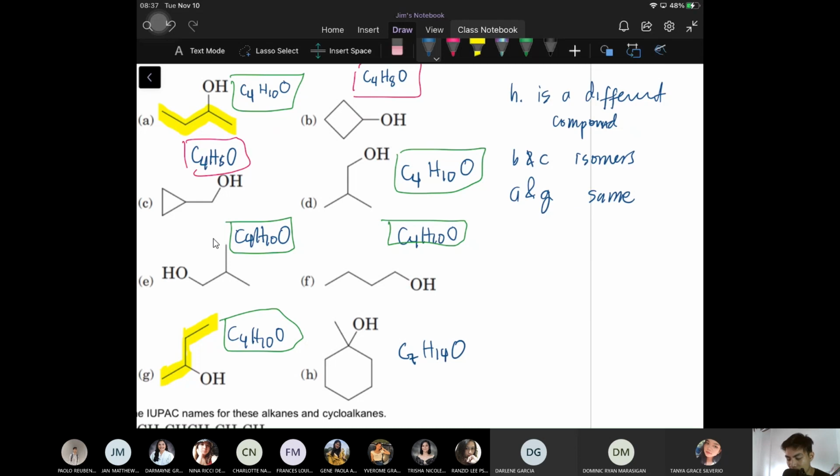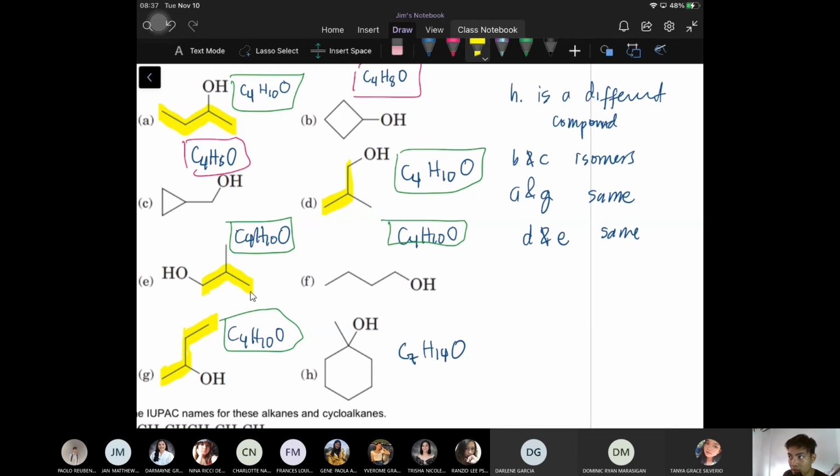How about D and E? So, yung D and E natin, they are also the same. Bakit? Okay, hanapin yung parent. Tatlong carbons yan. Tignan mo, may OH sa isang substituent sa dulo.